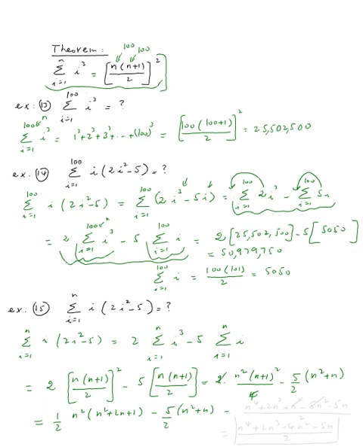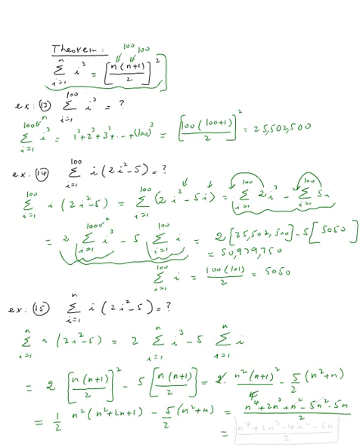Which is equal to, since we have the same denominator, let me write it this way. So I'm going to distribute, I'll get n to the fourth plus 2n cubed plus n squared minus 5n squared minus 5n, everything over 2, and then we can simplify it more.